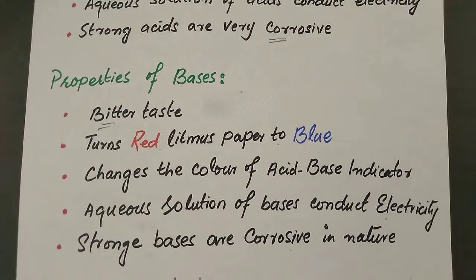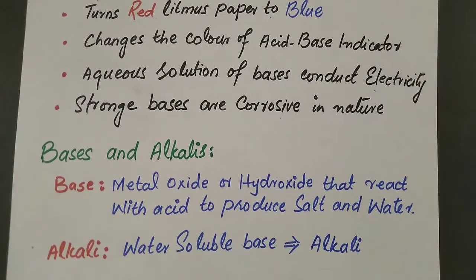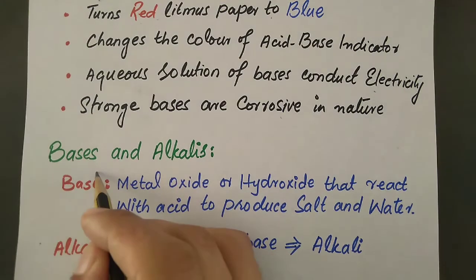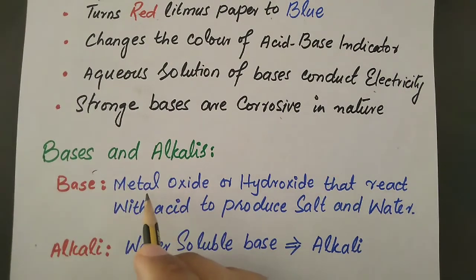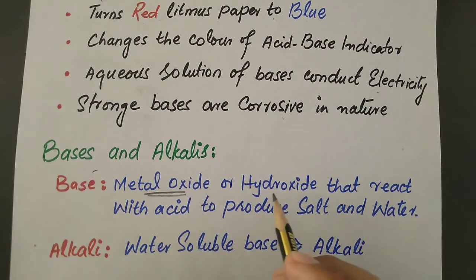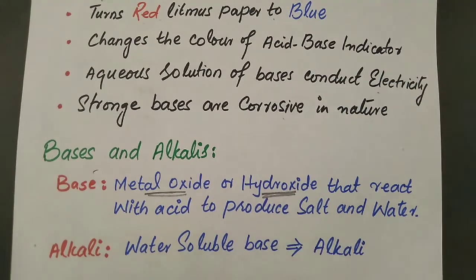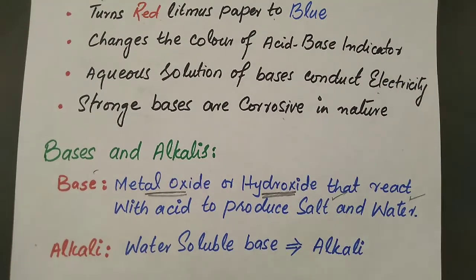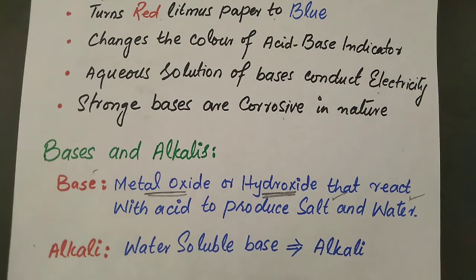Now let's move ahead. The difference between bases and alkalis. What is the main difference between bases and alkalis? What is a base first of all? A base is a metal oxide or metal hydroxide that reacts with acid to produce salt and water. What is a base? A base is something that reacts with acid to produce salt and water.